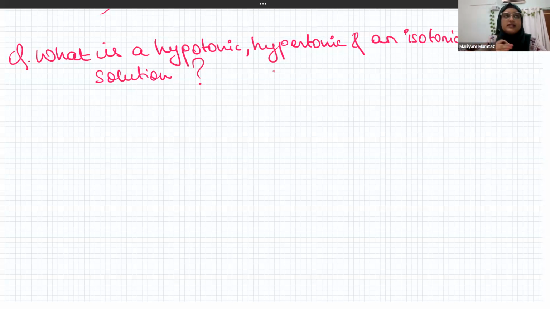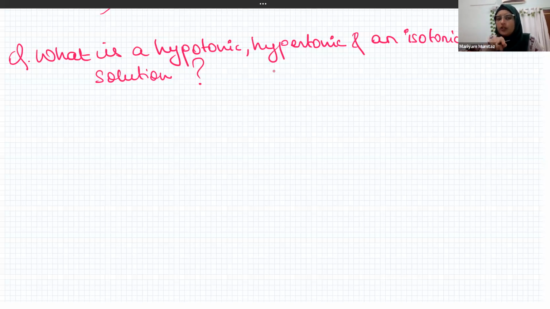Is the solvent high or lower than the solute? The solvent is lower than the solute. Yes, that is why water is coming from the cell to the external environment, because the water is low here. I told you to always remember water here. Solute always confuses us. So try to remember water.